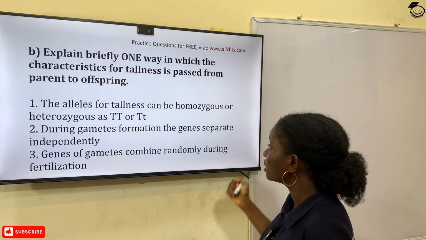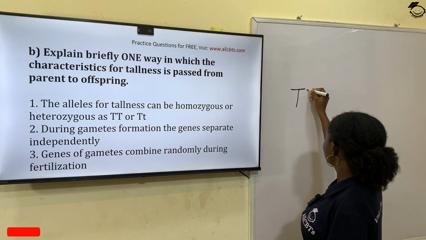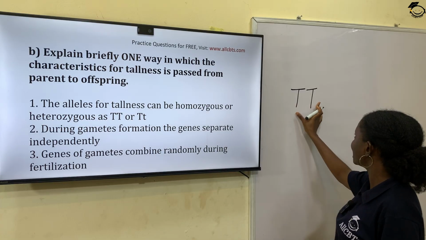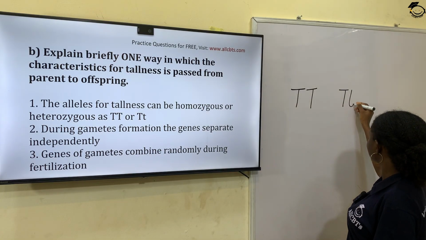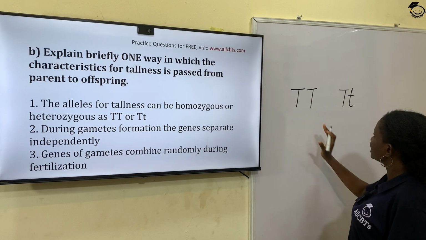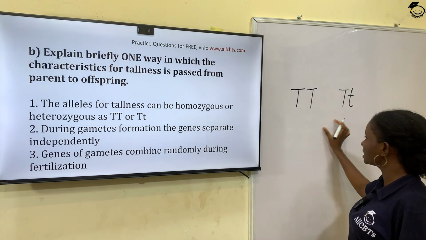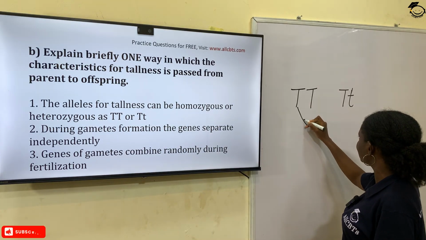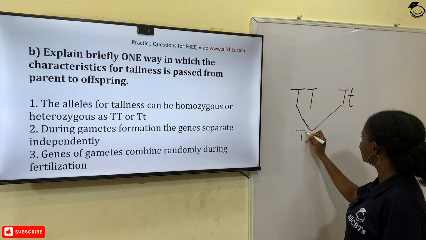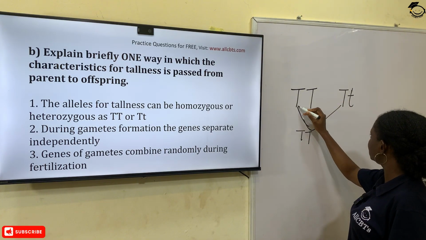This is what it means. You have this tallness, then this. So these can separate independently and they now combine with one another. This comes with this. You have TT, then with this.